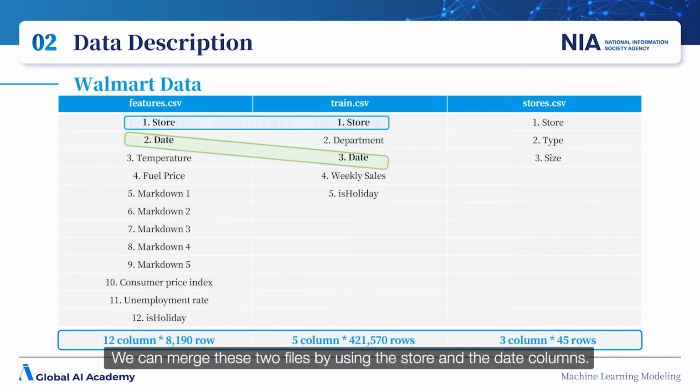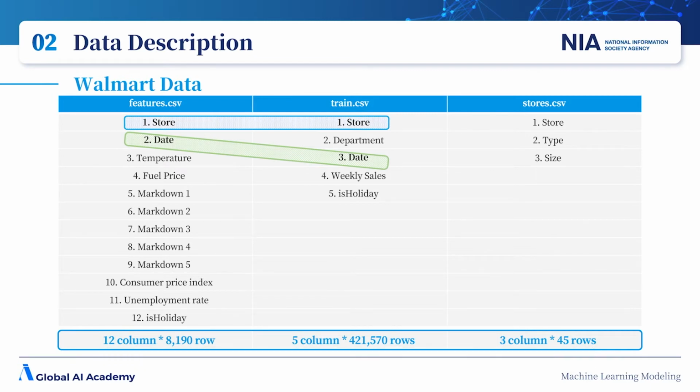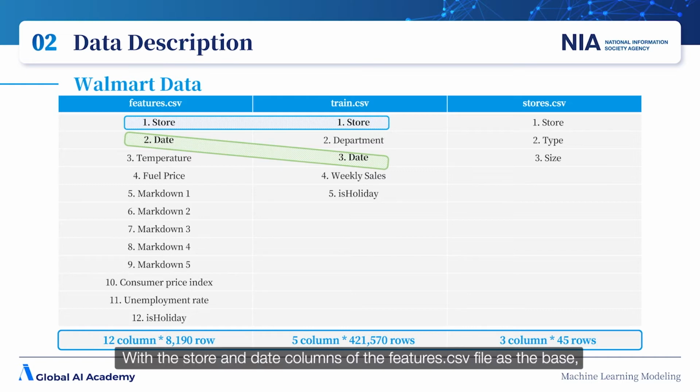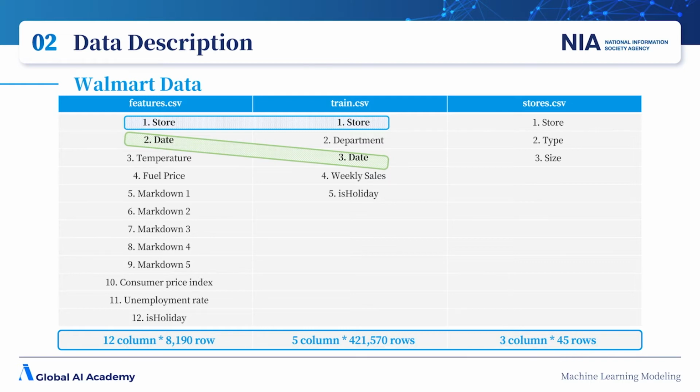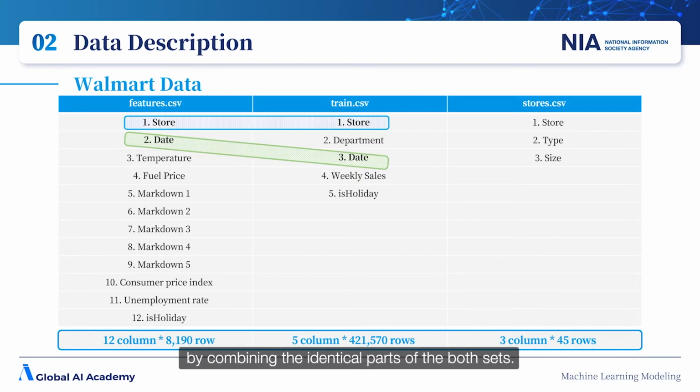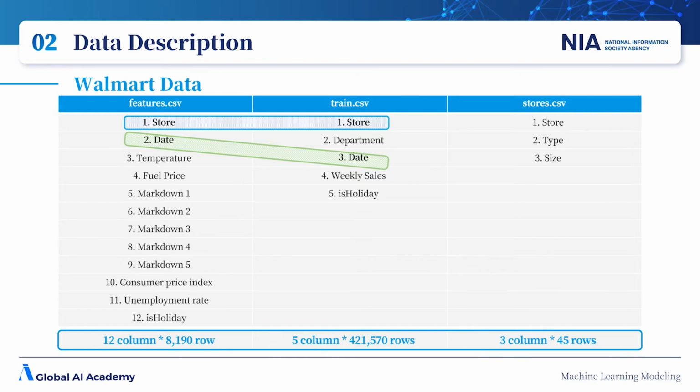We can merge these two files by using the store and the date columns. With the store and date columns of the features.csv file as the base, the store and date columns of the train.csv file will merge the data by combining the identical parts of both sets.